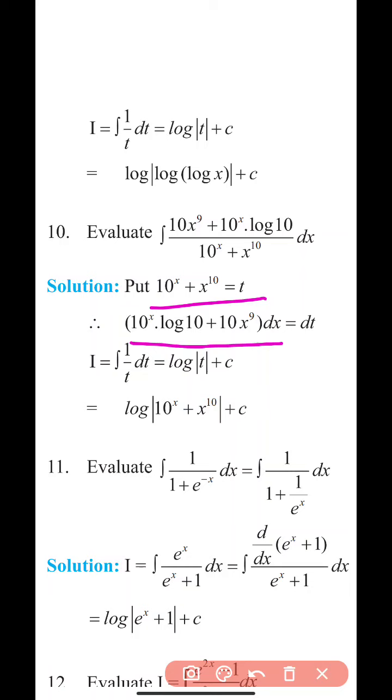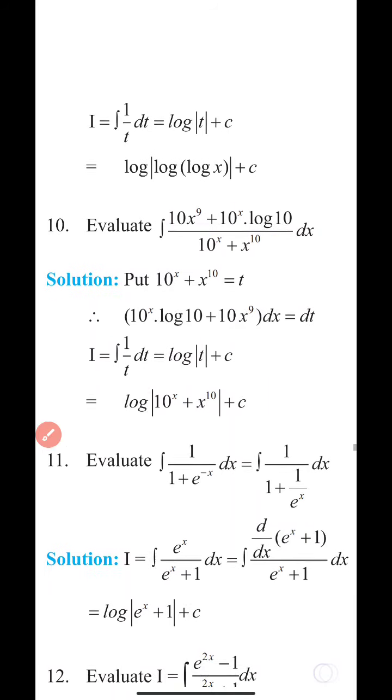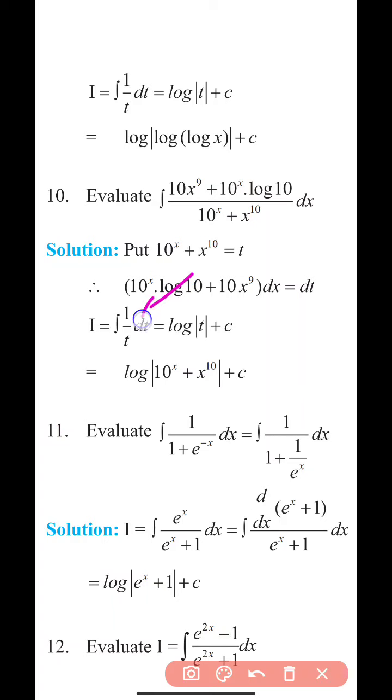In place of this whole thing they have put dt, right? And I think that's it. ये ऊपर न्यूमरेटर के लिए dt पुट कर दिया, फिर this is what you are going to get, 1/t, फिर उसका इंटीग्रेशन log of mod of t plus c, t के जगह अपना वैल्यू पुट कर दो. It's enough.